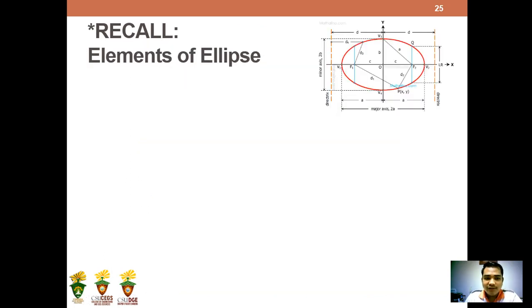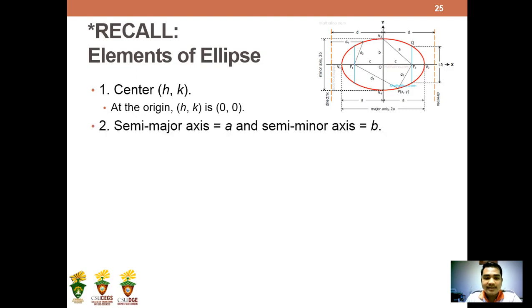So let's go now to the elements of an ellipse. First is the center. Center is denoted as h for the x-axis and k for the y-axis. So, for example, if an ellipse daw is having a center at the origin, so ang iyang h is 0 and ang iyang k is 0. So, yun na lang. Next is the semi-major axis.